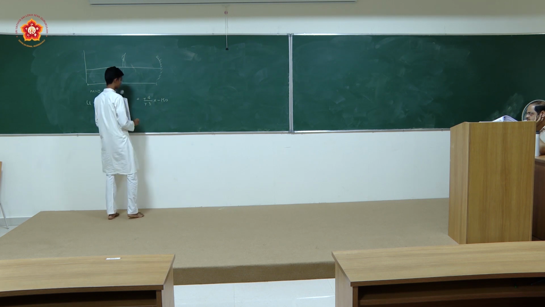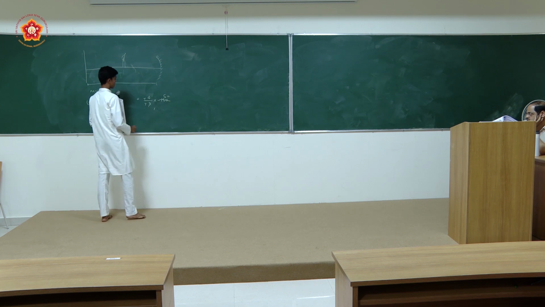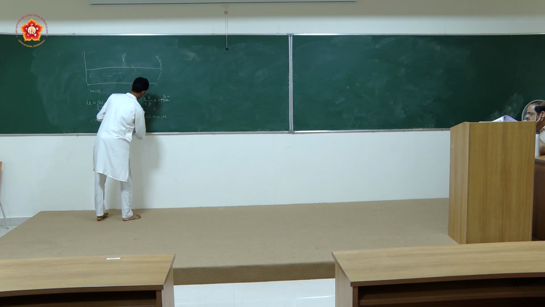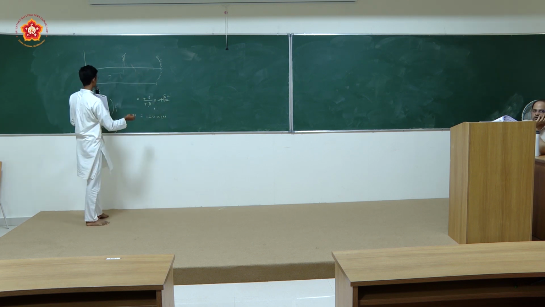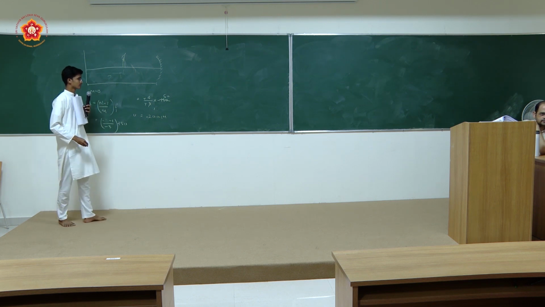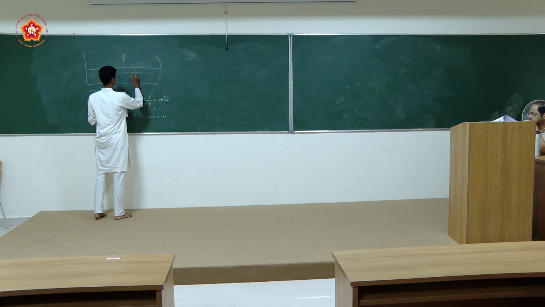So minus will get cancelled. 3 ones are 3, 5 3s are 150, 4 5s are 20, 200, minus 200 centimeters. I got the u. So from here to here, it is 200 centimeter.